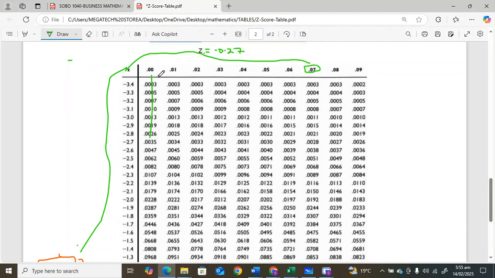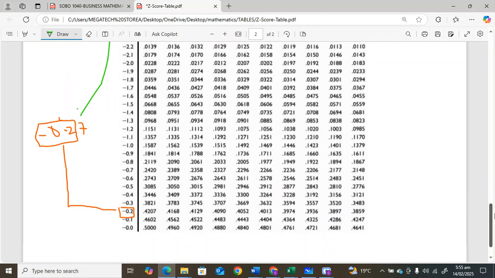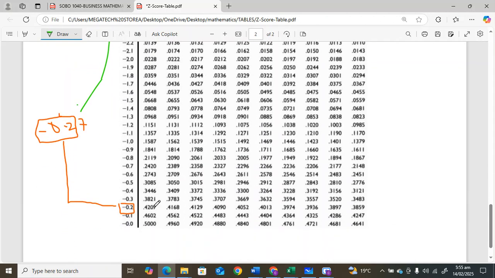So it's 1, 2, 3, 4, 5, 6, 7, 8 steps. Here is where our values intersect: 0.3936.